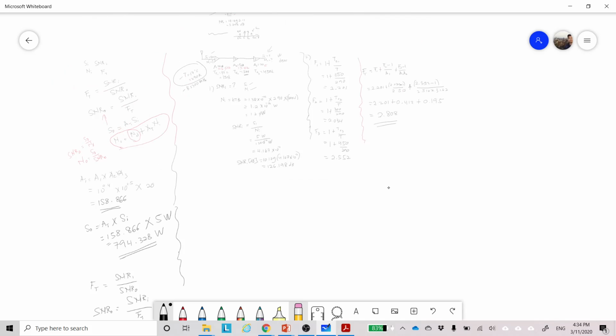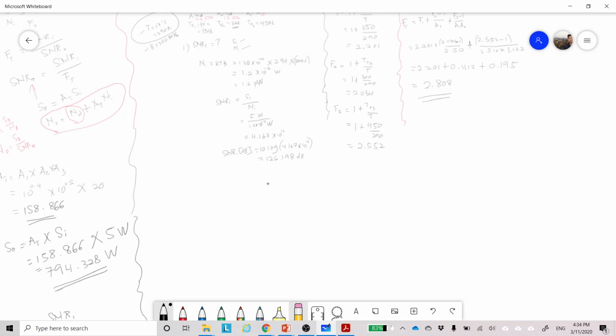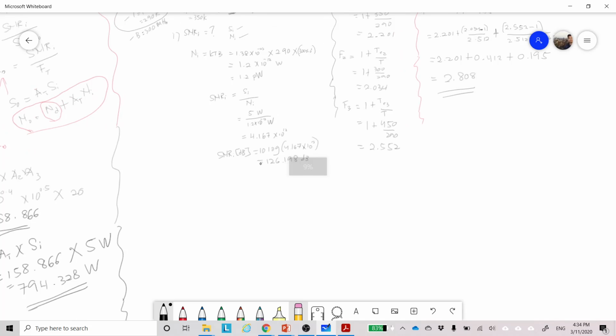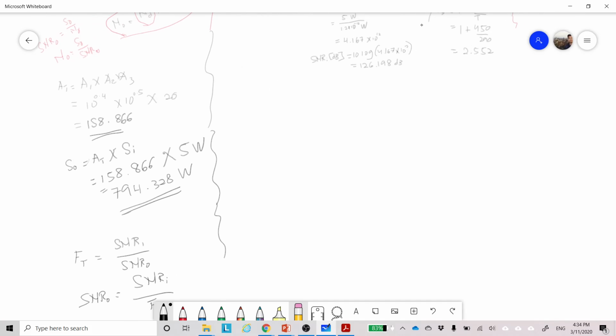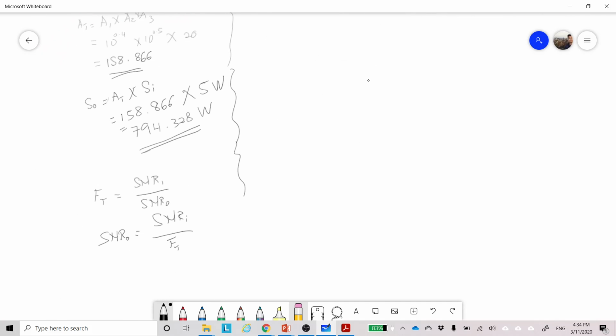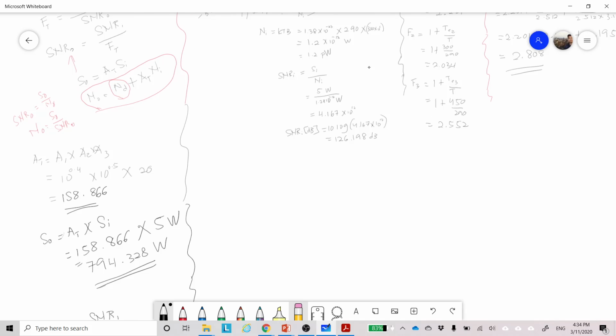So SNRI tadi kita dapat, saya zoomkan sikit. SNRI adalah bersamaan dengan 4.167 kali 10 kuasa 12. So di sini adalah 4.167 kali 10 kuasa 12 dibahagikan dengan F total.